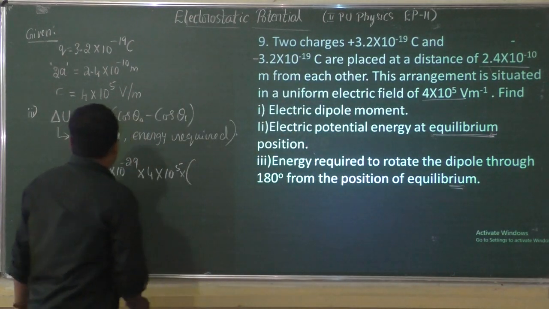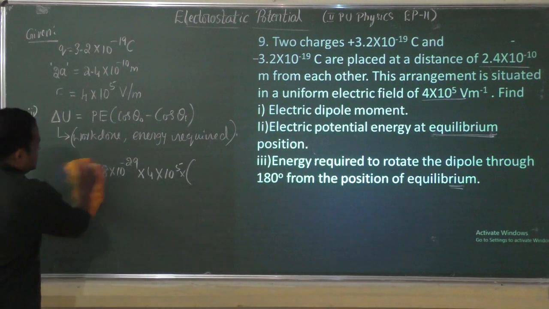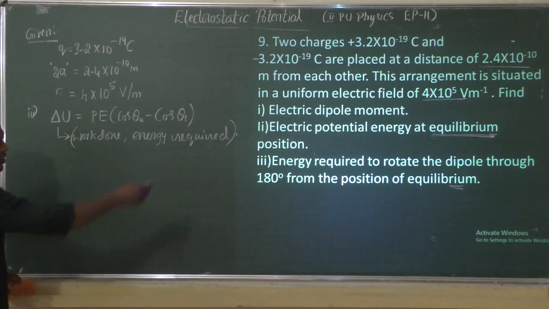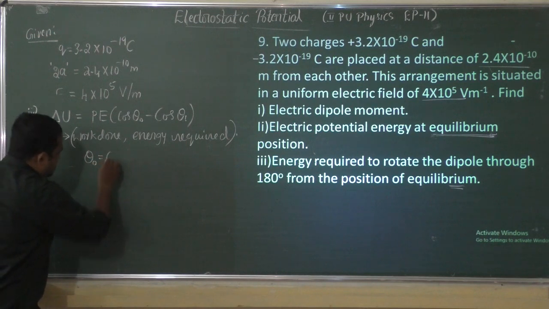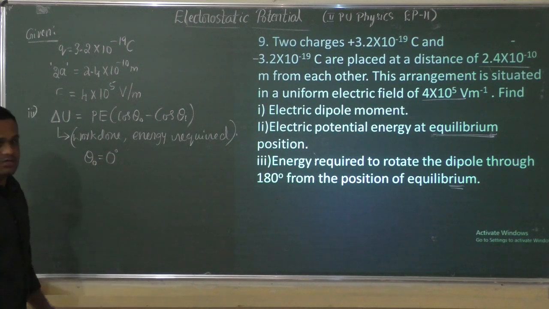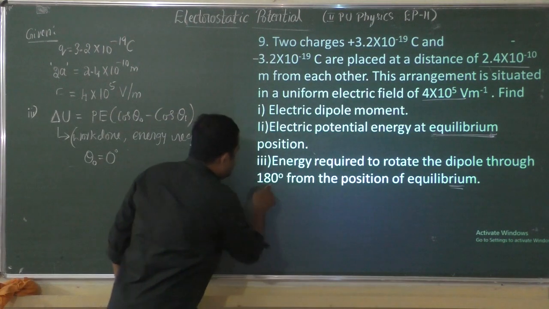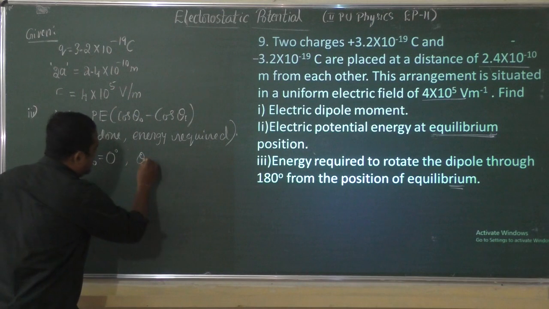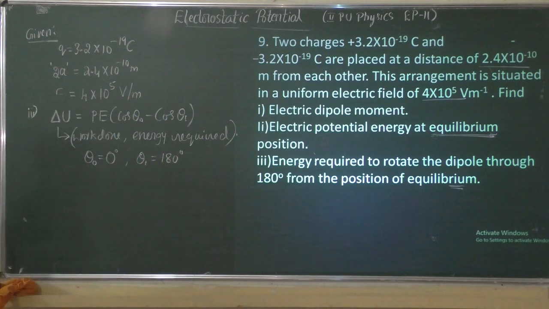In this case, the dipole is rotated from the position of equilibrium, so the initial angular position is 0 degree because it is the stable equilibrium position, through 180 degree. That means the new angle theta 1 is equal to 180 degree.